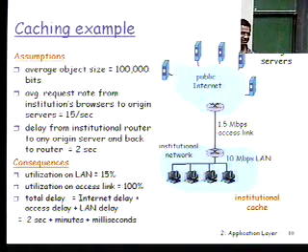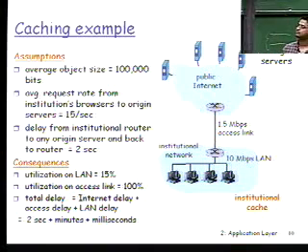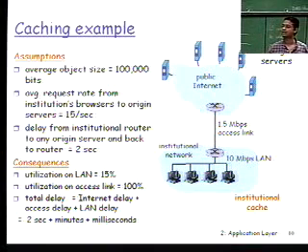So that's the average size of the object that you're trying to download from the internet. You're generating requests at the rate of 15 per second. So the amount of data that's being downloaded per second is 100k times 15, that's 1.5 megabits per second.